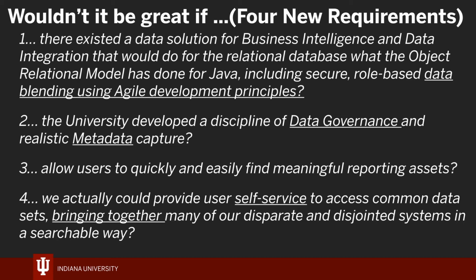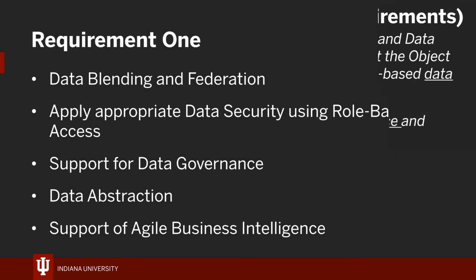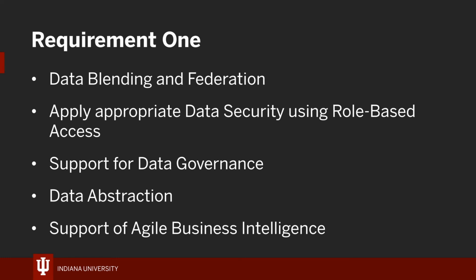So these were the tenets that I thought through and said, this would be great if something like this existed. But lo and behold, I didn't have an answer for those particular sets of requirements. So, restating some of these requirements, we were interested in data blending and federation, data security and role-based access.